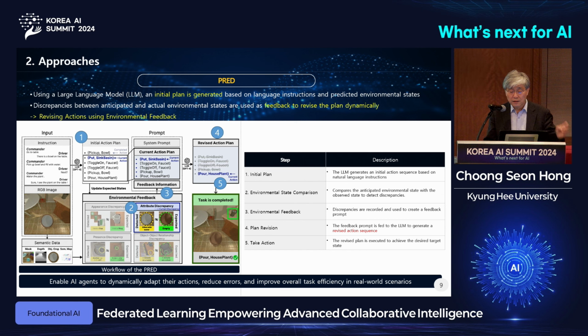Then these discrepancies are recorded and turned into a feedback prompt. The feedback prompt is fed back into the large language model, which generates a revised sequence here. These steps help AI agents dynamically adapt their actions, reduce errors, and improve task efficiency in real-world environments.